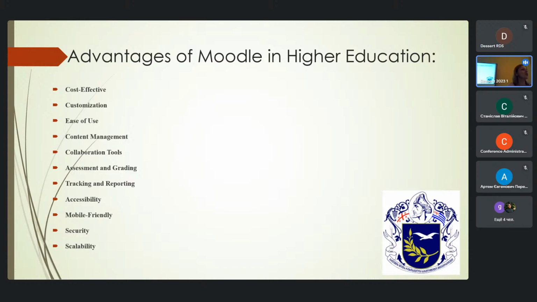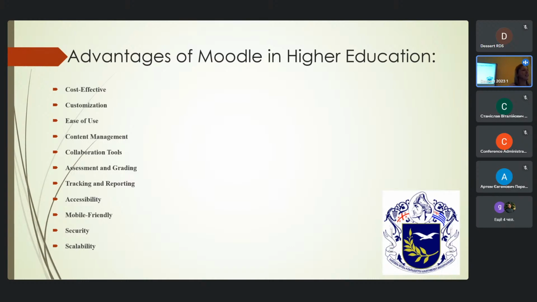It allows content management. They can upload, organize, and manage course content, including text, images, videos, quizzes, assignments, and more. It provides collaboration because it increases communication and interaction among students, facilitating cooperation between students and teachers. It allows opportunity for assessment and grading, tracking and reporting.